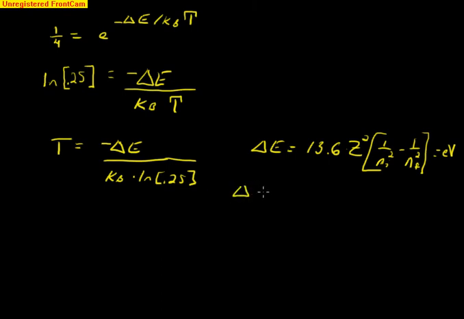Let's simplify this a little bit. Change in energy is equal to 13.6 times, what is our initial? Well, here's what you want. You want our change in energy to be positive. So try to think of going from a lower state to a higher state.